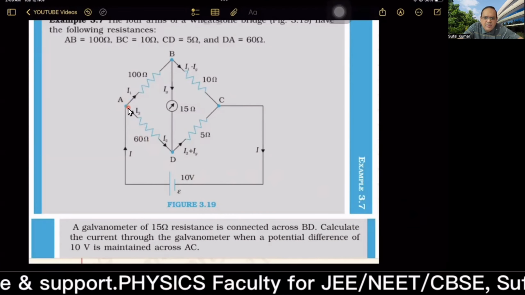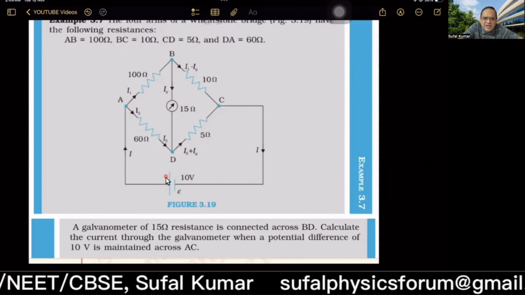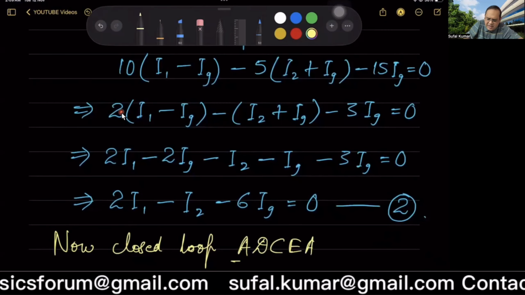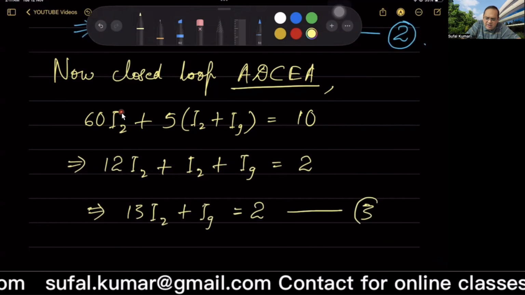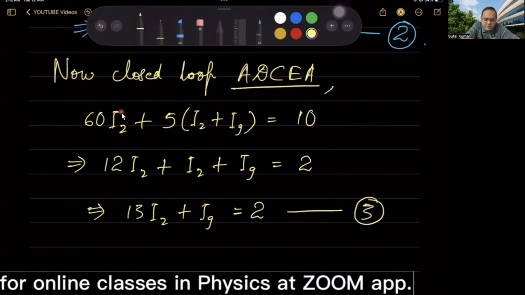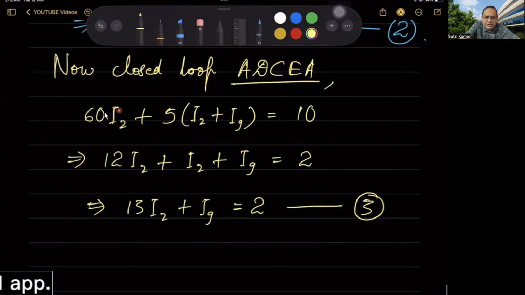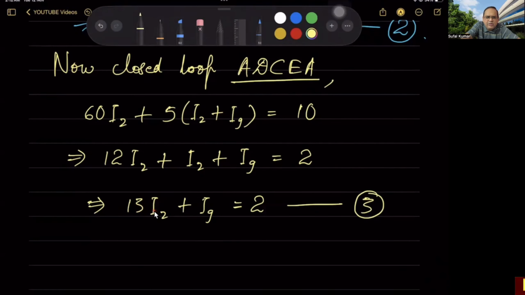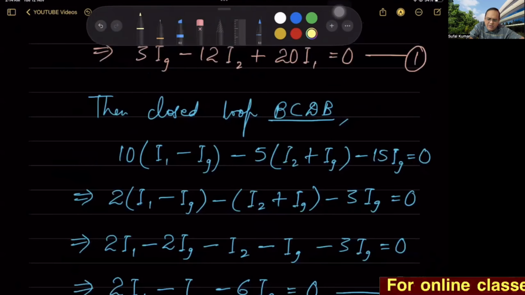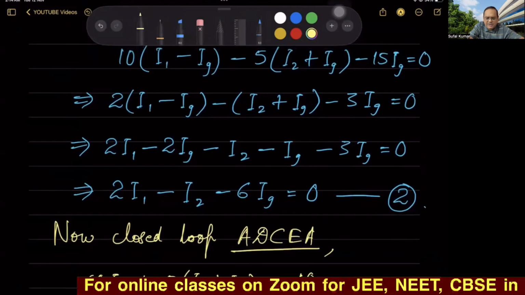Now this time closed loop ADCEA, and this is our equation number 3. So let us first try to eliminate I2 from equation number 3 so that we could find IG from equation 1 and 2. From equation 1 and 2, let's try to eliminate I1.